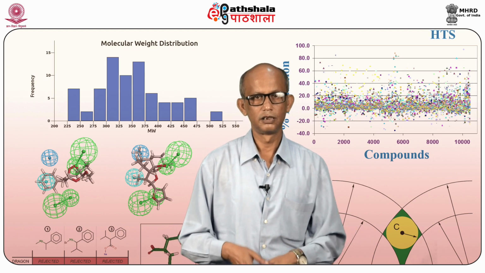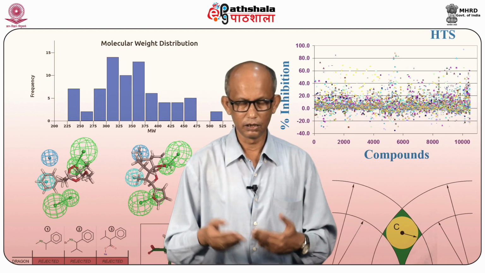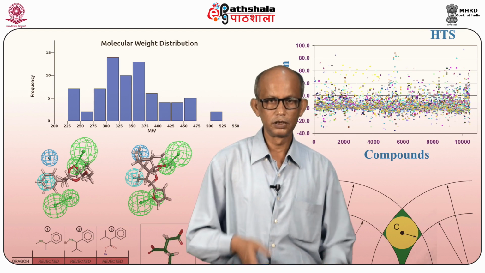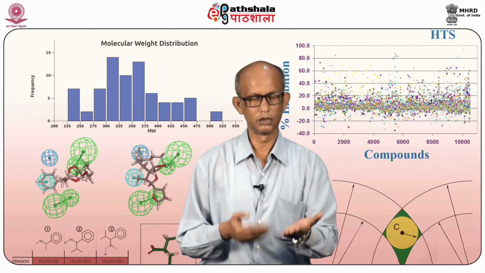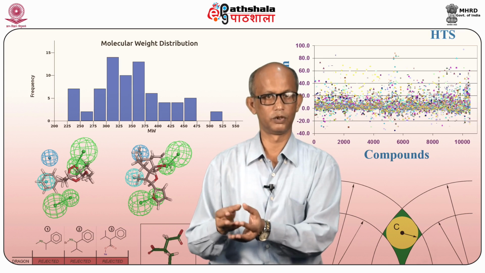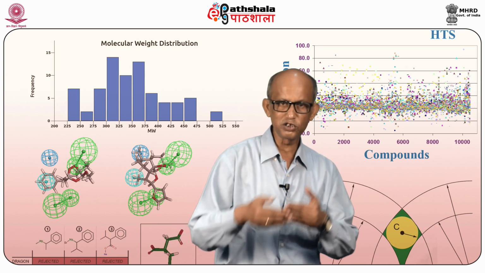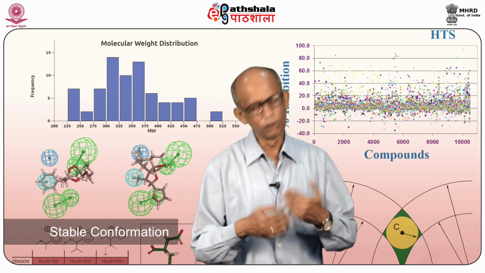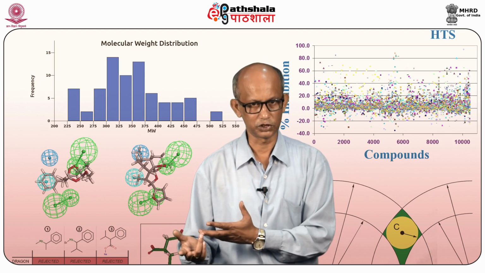And there is this, let's say, fundamental dogma in molecular biophysics, which states that that conformation of a molecule which is associated with the lowest value of the molecular energy happens to be the most stable conformation and most often is also the functionally active conformation.